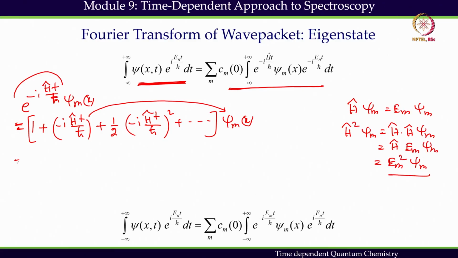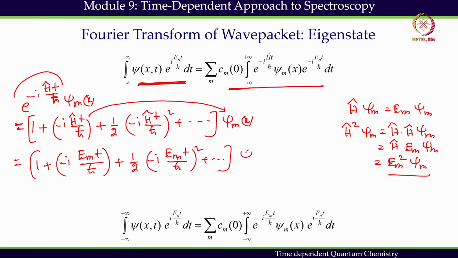So what I get here is 1 plus minus i Em t by h cut plus half minus i Em t by h cut whole square, like this, psi m x. This is nothing but the exponential function of Em t by h cut psi m x.